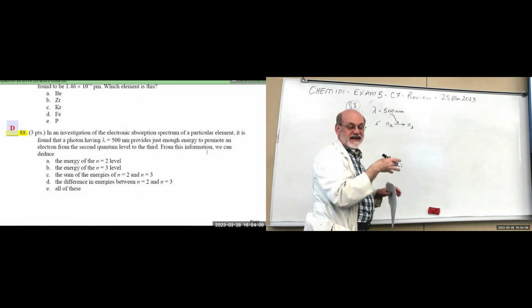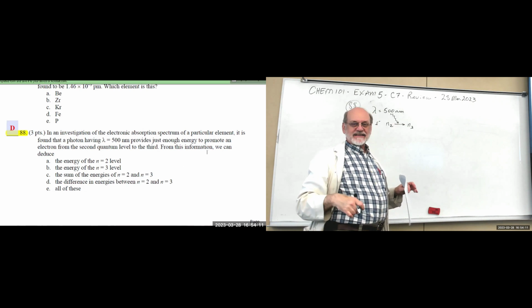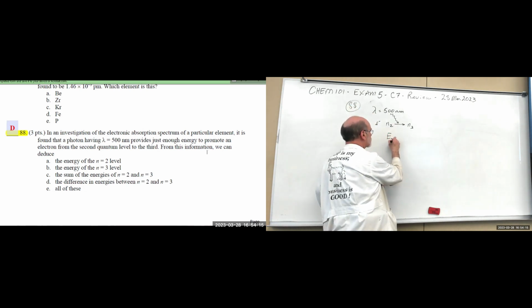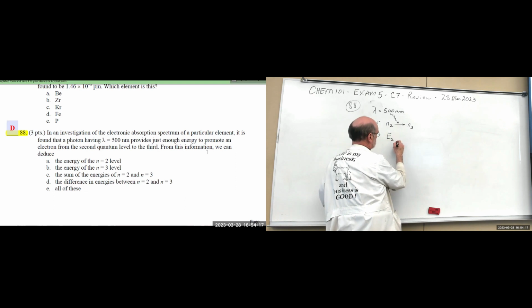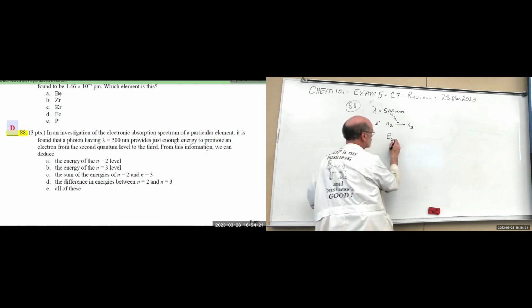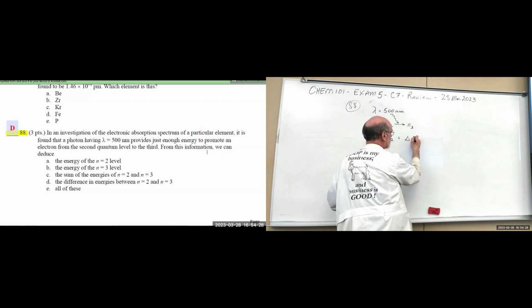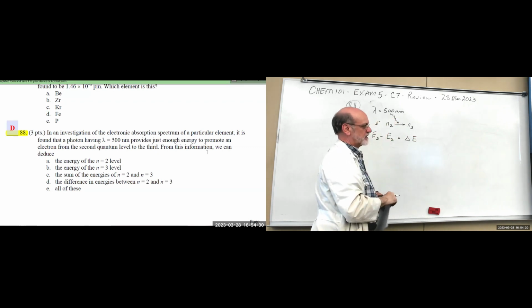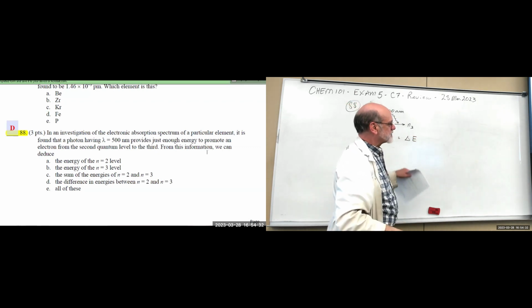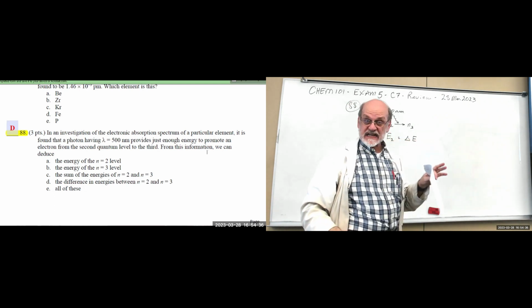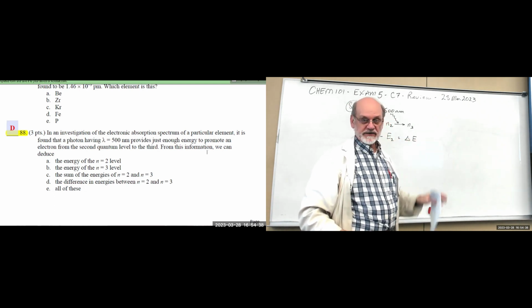It absorbed that energy. That tells us the difference between these two energies. Actually, energy of 3 is higher than 2. Right? So energy of 3 minus energy of 2, it tells us the change in energy. The difference in energies between N2 and N3. That's D. That's what it tells us.